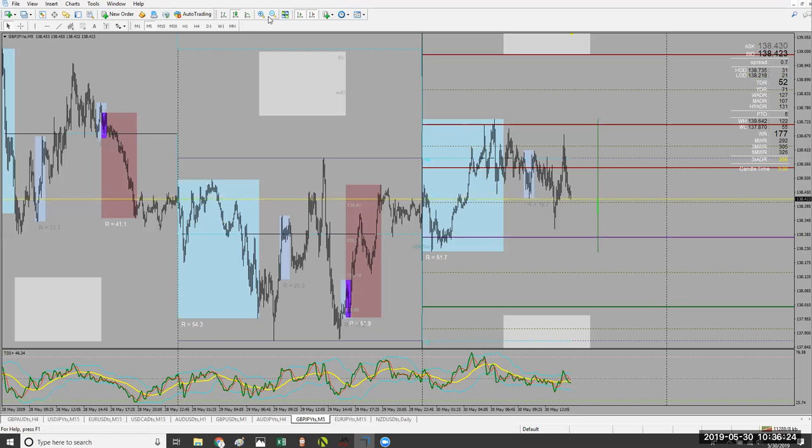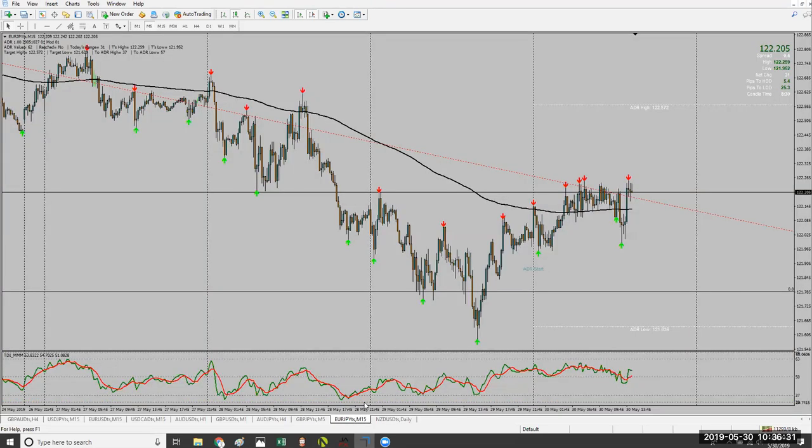GJ is not appealing to me. All right, let's go take a look at Euro JPY. See if we can find a harmonic over there. EJ and GJ are the same to me. Yeah, they're consolidating quite a bit there right now. Yeah, going sideways. Okay, let's go look at Pound Aussie then.